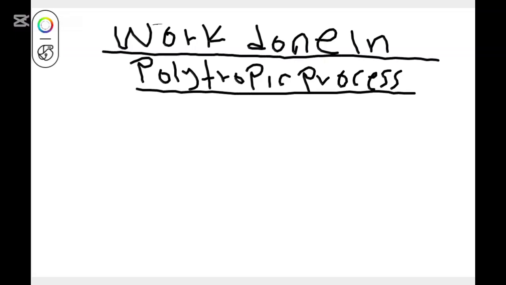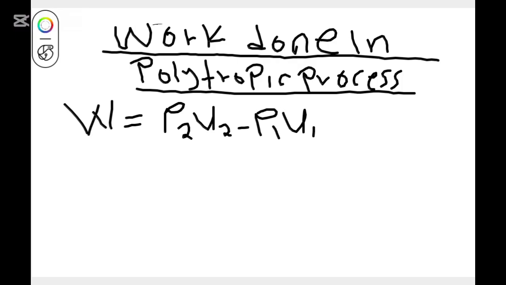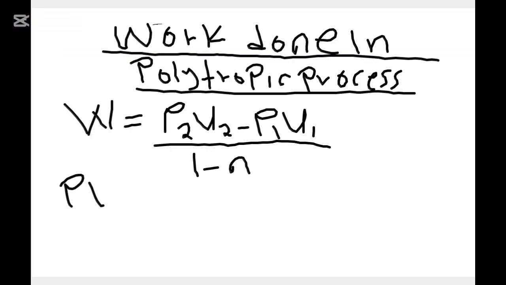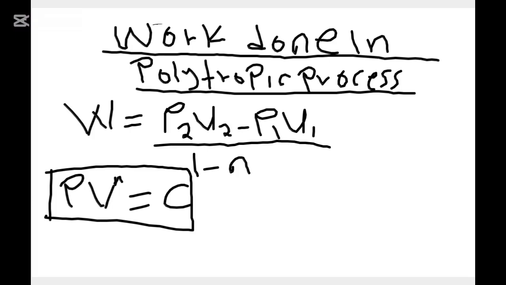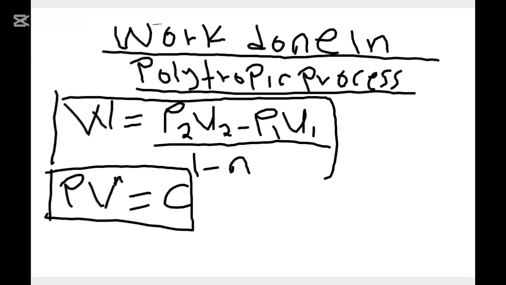The general formula for work done in polytropic process is P2 V2 minus P1 V1 divided by 1 minus the value of n. This means we use this when pressure and volume change such that P V raised to the power of n is equal to a constant. So don't forget the general formula.